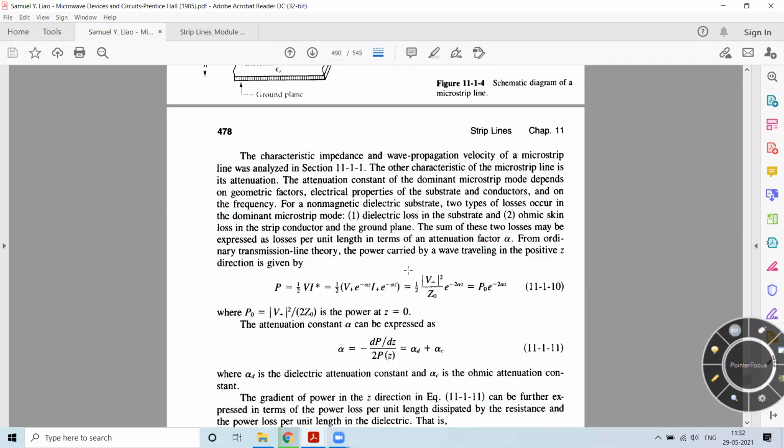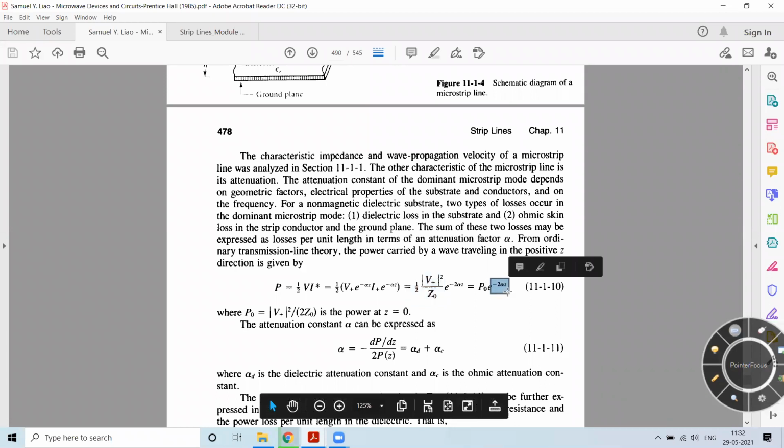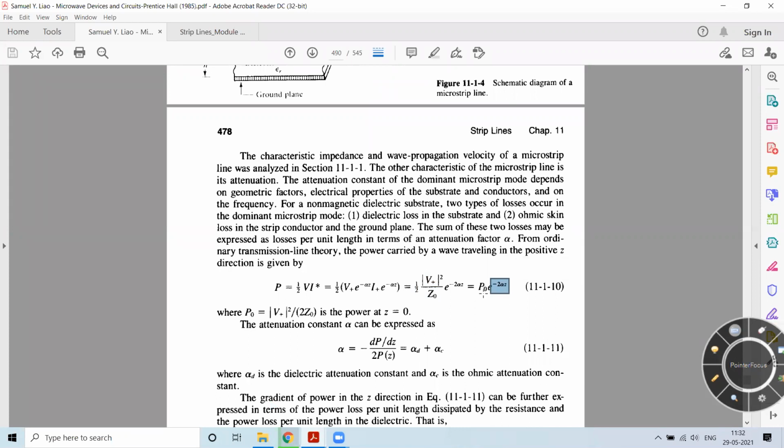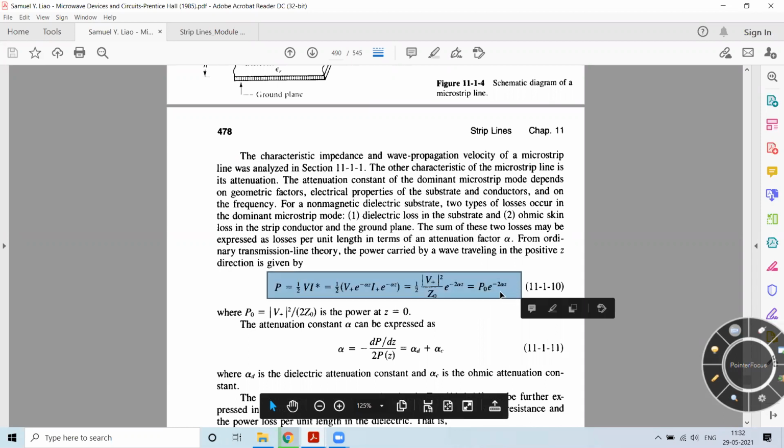So this parameter gives you the value of the power when z is equal to 0. When you substitute z equal to 0, this exponential part turns to 1, because of which only P naught remains. So this is the representation of the power.